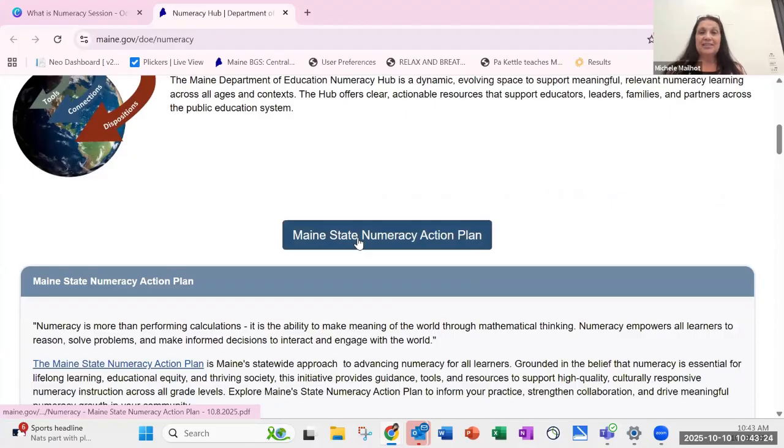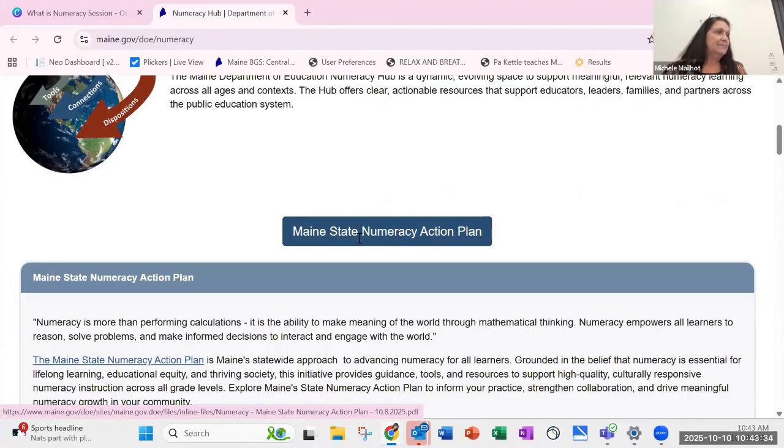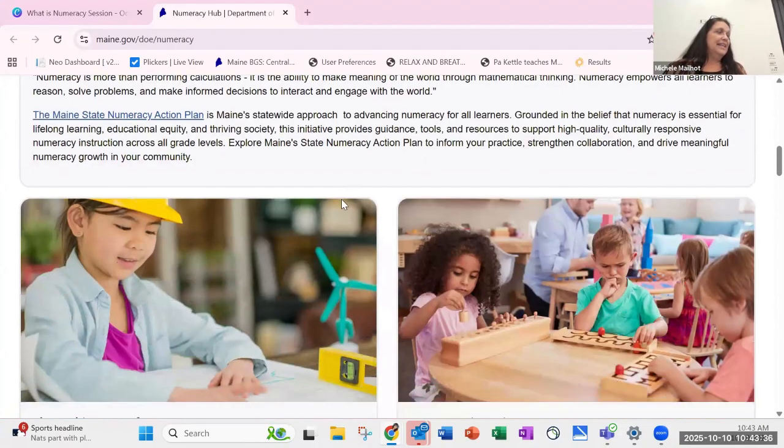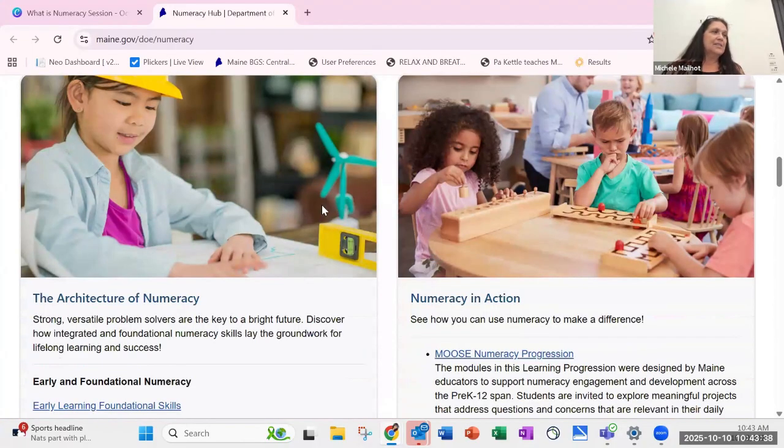There's a link to our numeracy action plan right here on the webpage. So if you want to see where our focus and priorities are falling, please feel free to take a look at that. We have here some supports around what we call the architecture of numeracy, and then numeracy in action.